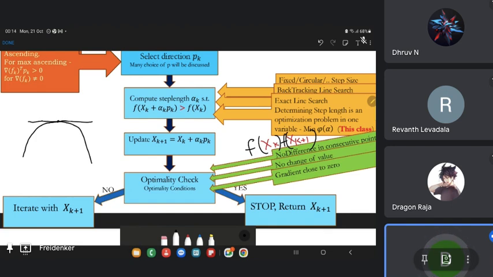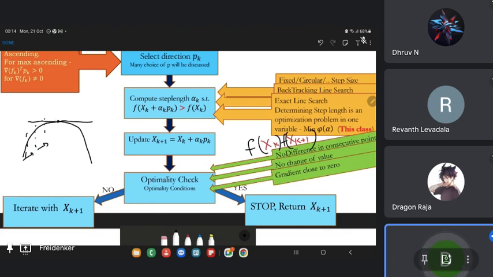But since I'm doing maximization, and I am always moving in the direction of the gradient, I will always be moving in this direction, close to the maximum. So gradient is 0 means it can be maxima or minima, but since I'm using this algorithm, I will surely get a maxima. So I'm moving towards the maxima.